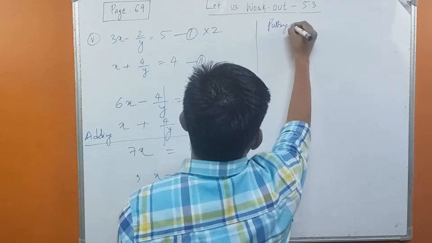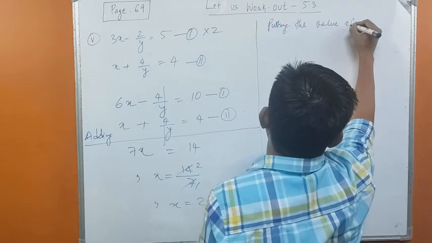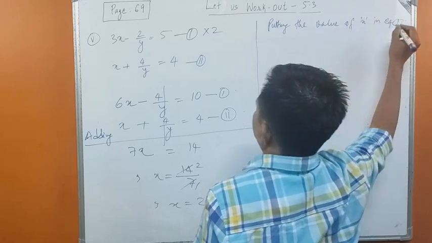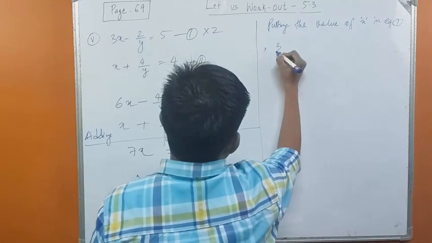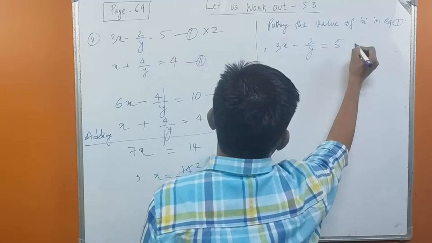Putting the value of x in equation 1. What is equation 1? 3x minus 2 upon y equals 5, isn't it?